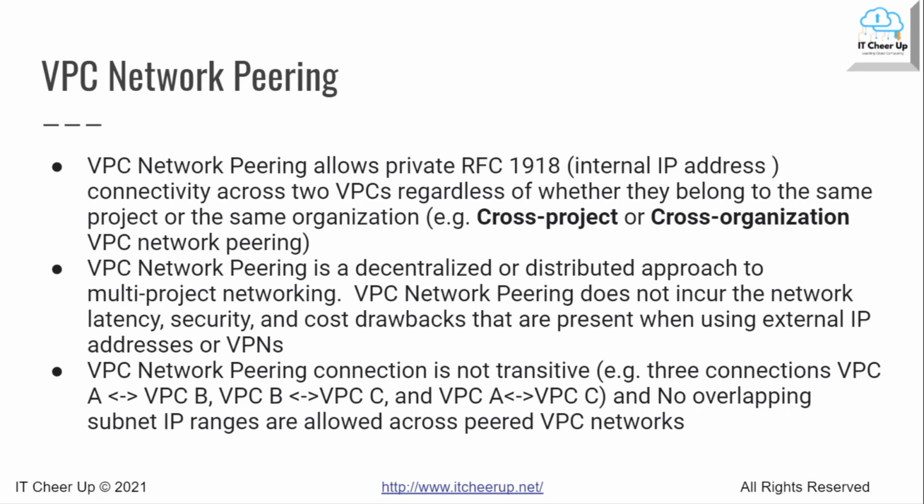For example, if there are three VPCs, then you need to create three peering connections among them. You need to create a peering between VPC A and VPC B, then VPC B and VPC C, and also the peering between VPC A and VPC C, because the connection is not transitive.